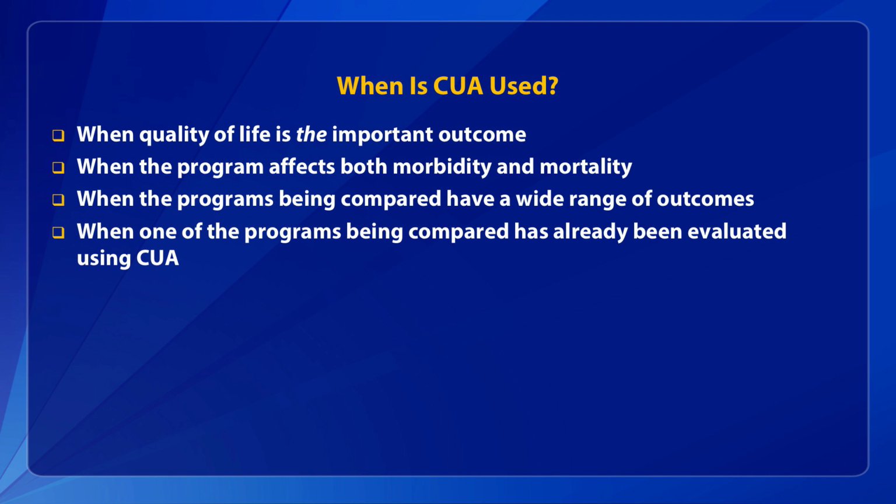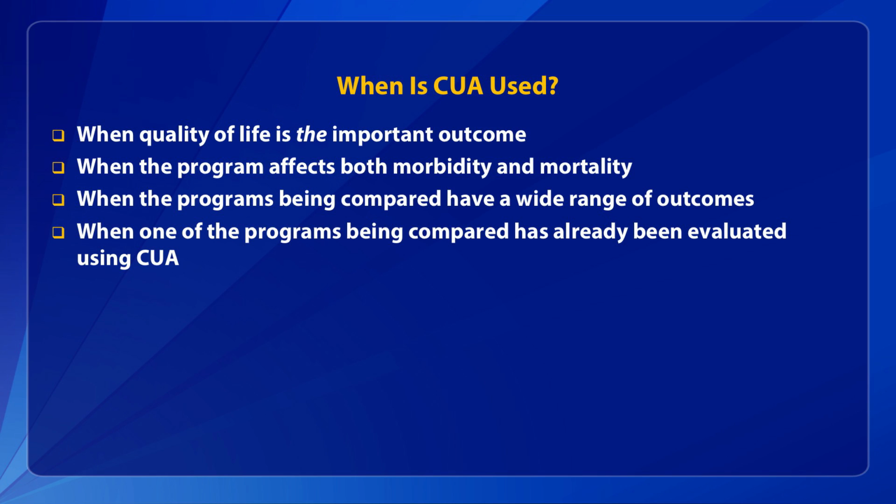Cost-utility analysis is used when quality of life rather than length of life is the most important effect of the intervention. For example, a cost-utility analysis of a cardiac rehabilitation program might focus on improved quality of life versus the cardiac rehab's influence on the length of life. Cost-utility analysis is also used when the program affects both morbidity and mortality outcomes.